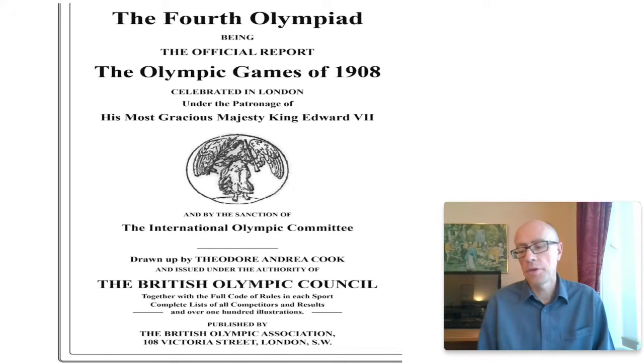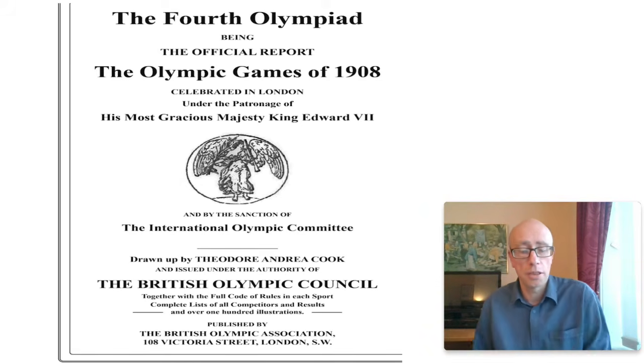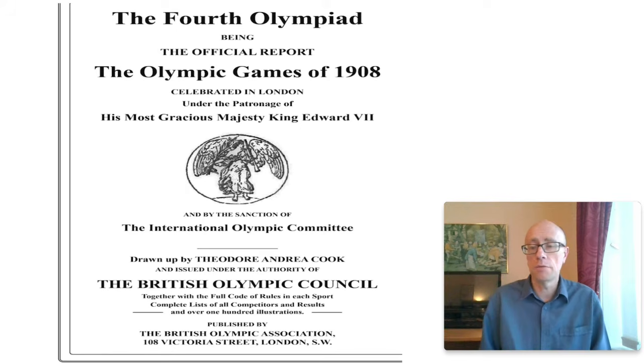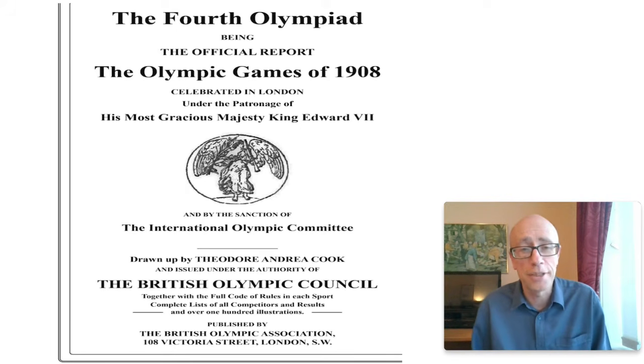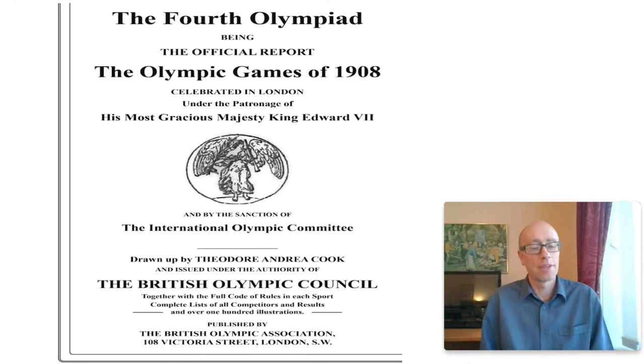Notice also the reference to the king here, His Most Gracious Majesty, King Edward VII. So you've got the piling up of that adjectival phrase, His Most Gracious Majesty, which shows that this is a report that can only have been written in the height of the British Empire, when there was a lot of people who were deferential towards the royal family.